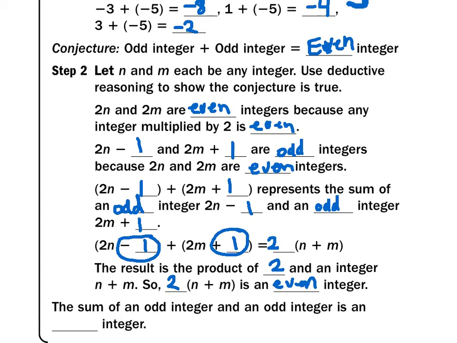Okay, checkpoint. Use inductive reasoning to make a conjecture about the sum of a negative integer and itself. Then use deductive reasoning to show the conjecture is true. Okay, so make up some negative integers and add them to itself and see what you get.